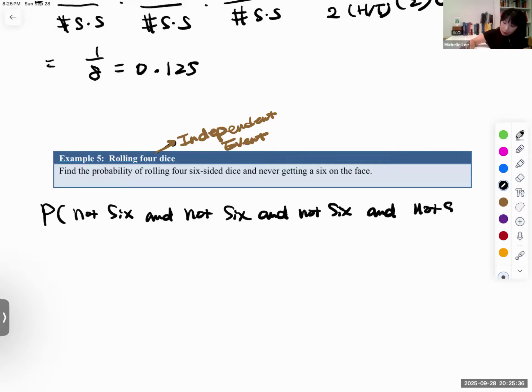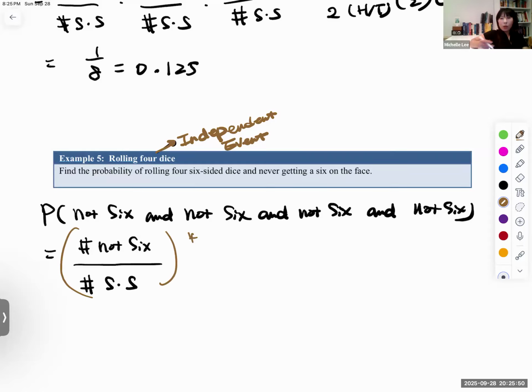So what's the number of not 6 over the number of sample space? And then how many times? 4 times. I don't want to write it all out. A more easy way, right? The mathematician always finds the easier way in a logical way, right?